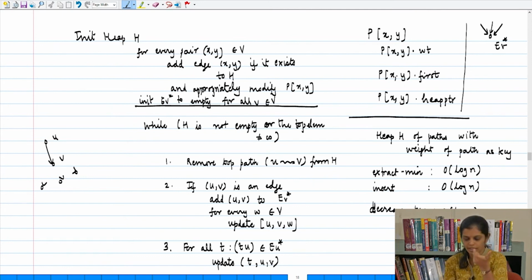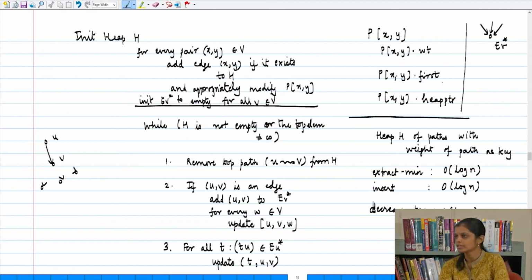Again, what is update TUV? You look at this estimate T, the weight of the edge TU plus the path estimate for U to V. If it is better than T to V, current estimate, you update it, else you leave it as it is. Again, what would be the first on such an update? It will be set to U. Is this correct? Because you are adding one edge.